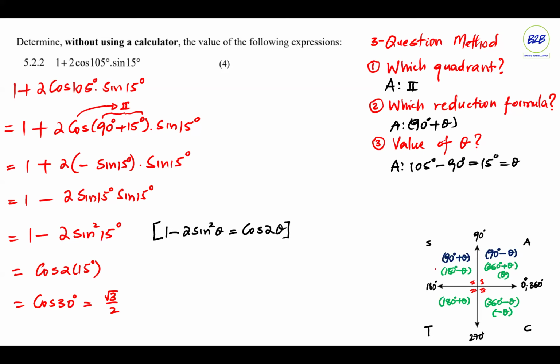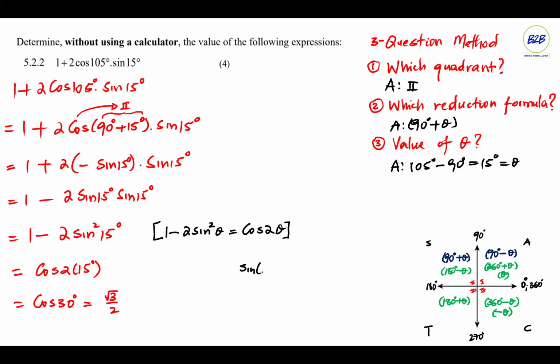Then which one are we going to take? Preferably take the one that will lead you to a quicker method, which is in this case 90 degrees plus theta.